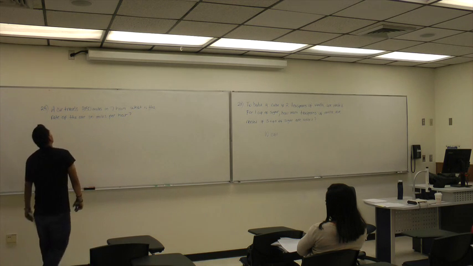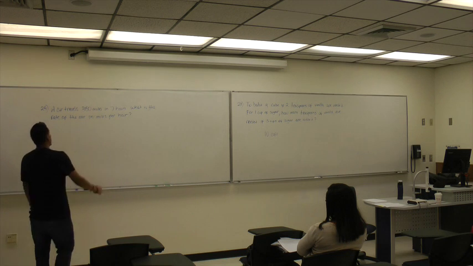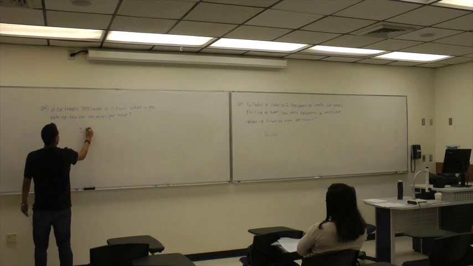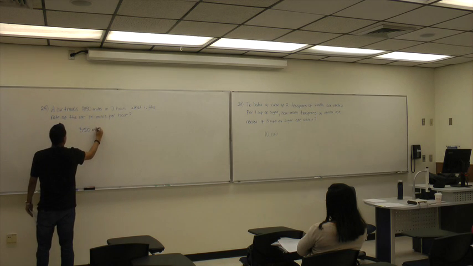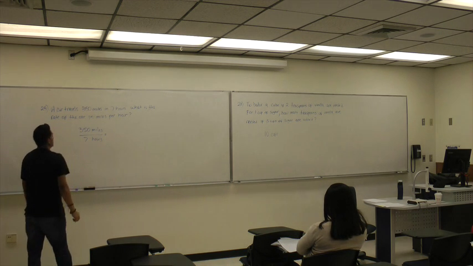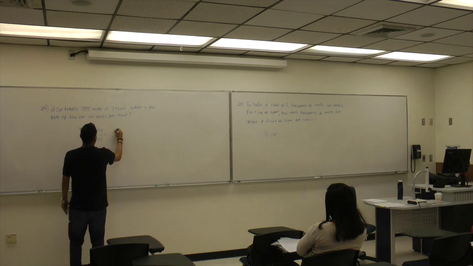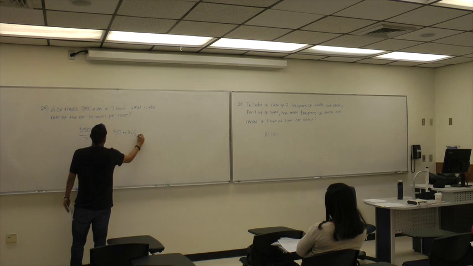Okay, so it says a car travels 350 miles in 7 hours. It's a simple division. 50 miles per hour. There you go.